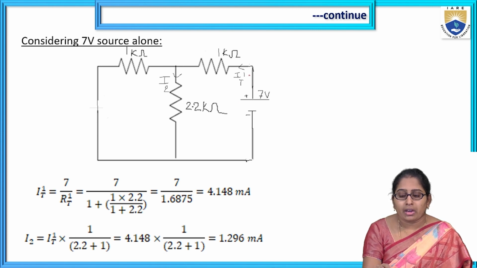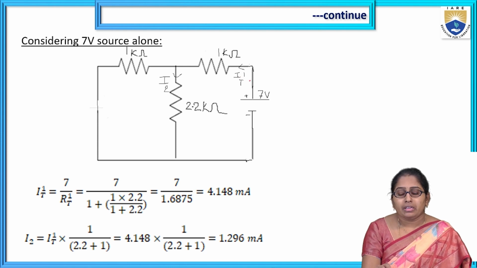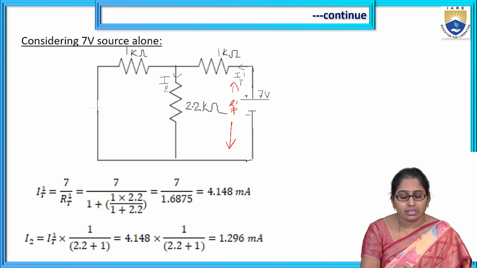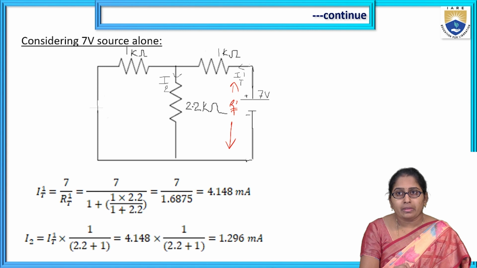I denote the total current as IT dash, which is given by the supply voltage 7 over the total resistance, which we denote as RT dash. So 7 by RT dash.